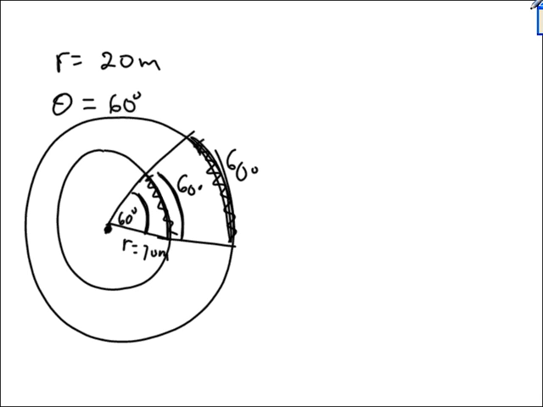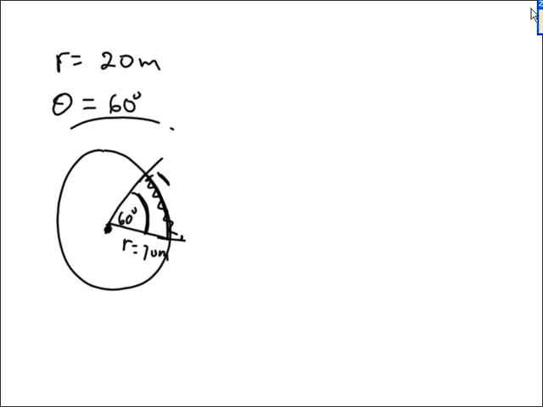So this 60 degrees doesn't really tell us much about the length. It just tells us about what portion we are. 60 degrees is 1/6 the way around the circle.